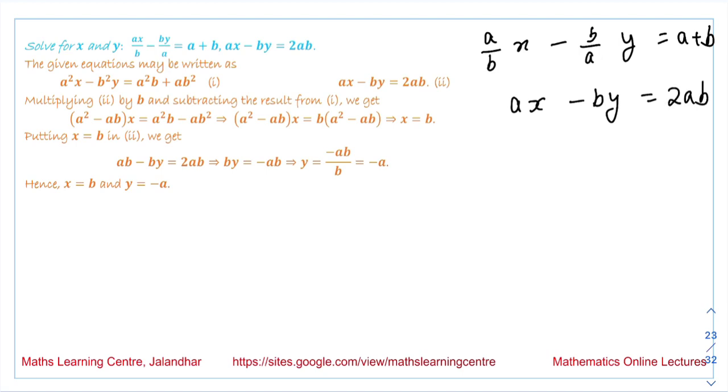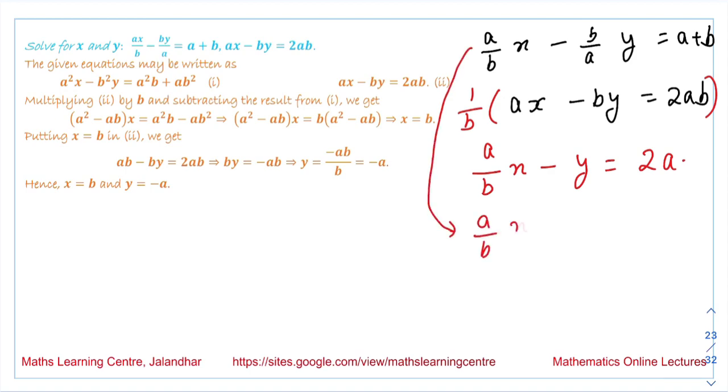Suppose we multiply this second equation with 1 by b. Then what will happen over here is a by b x minus y is equal to 2a. The first equation we have is a by b x minus b by a y is equal to a plus b.